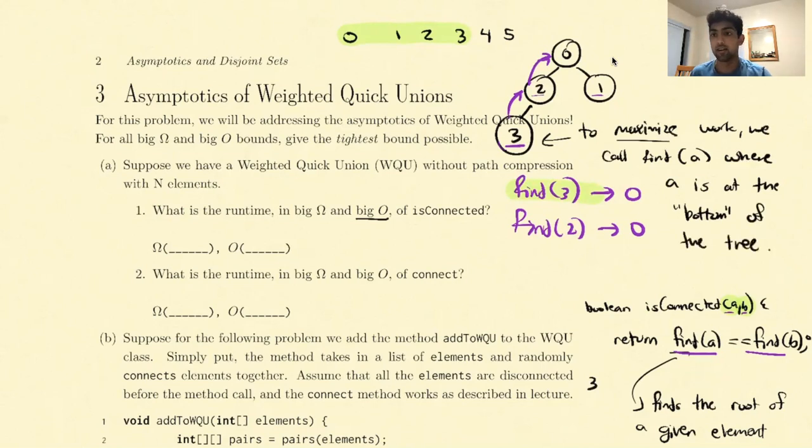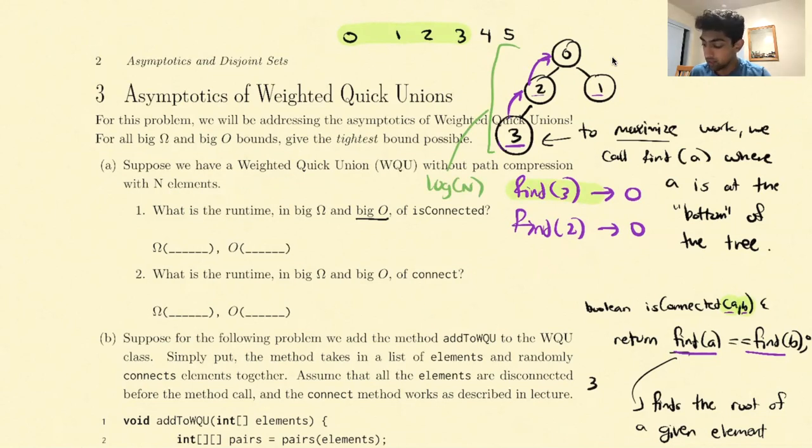If A is at the bottom of the tree, what is the maximum height this tree can possibly be? The maximum height this tree can possibly be is log n. I'll give you a quick intuition on why this is the case.